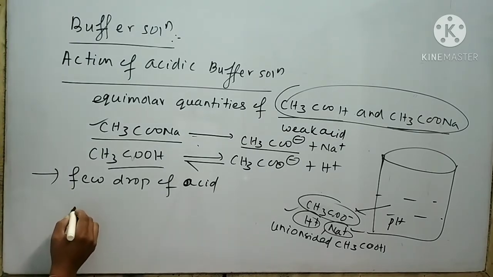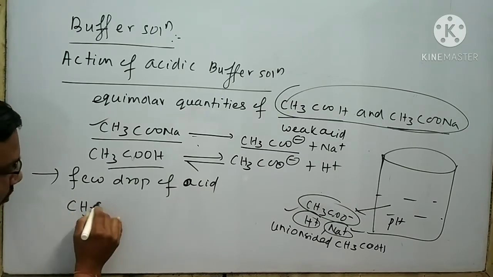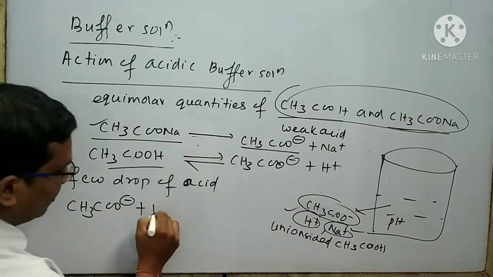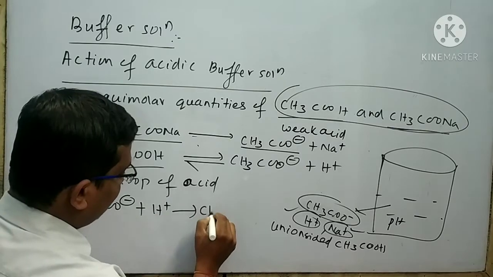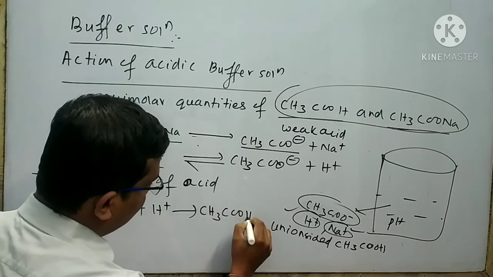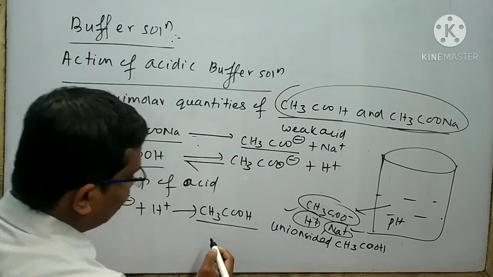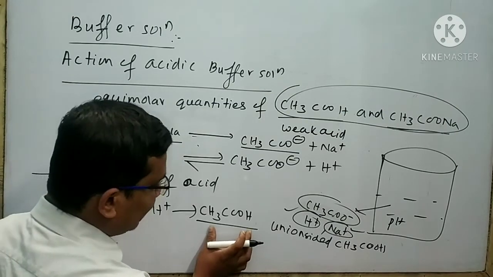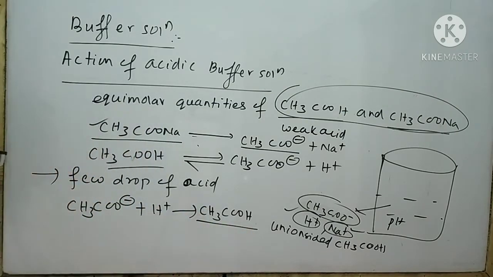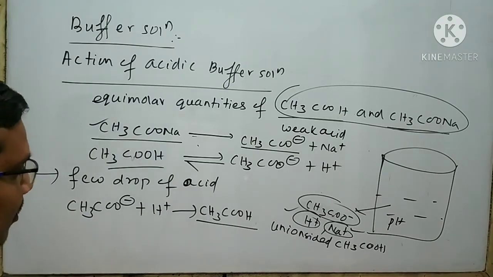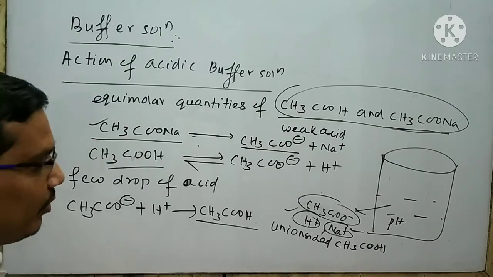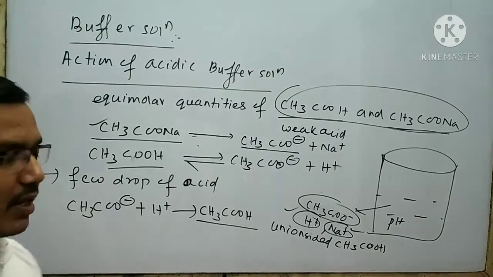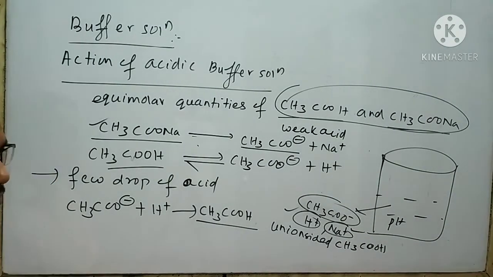This reaction is CH3COO minus plus H plus gives CH3COOH. This is your weak acid. As a result, it is very difficult to break this weak acid again. Once the weak acid is formed, it is very difficult to break it to form the ions.